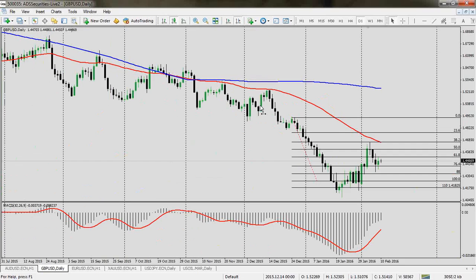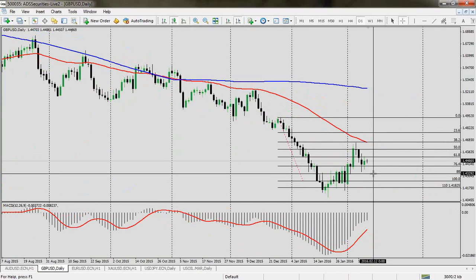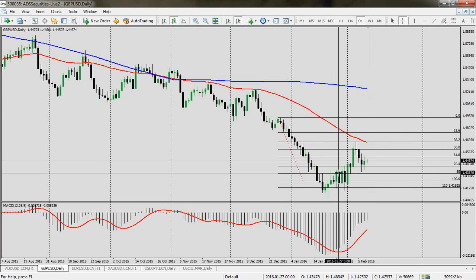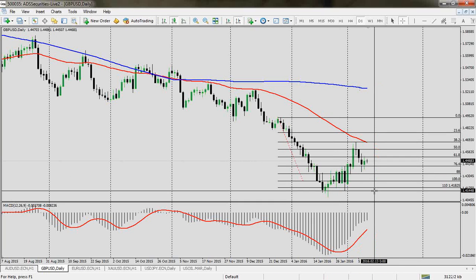However, if we look at the level over here at 88%, we see that there is a massive support level there, which is at the 143.33 level. Therefore, I don't really recommend any short entries at this given moment, at least not sell stop orders.